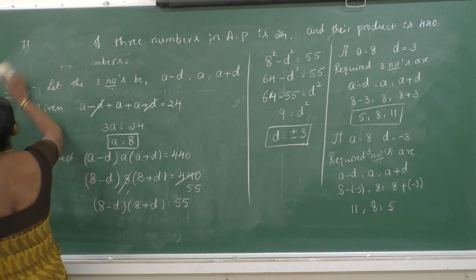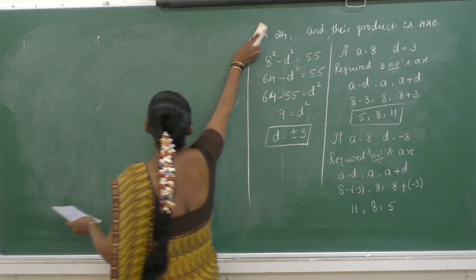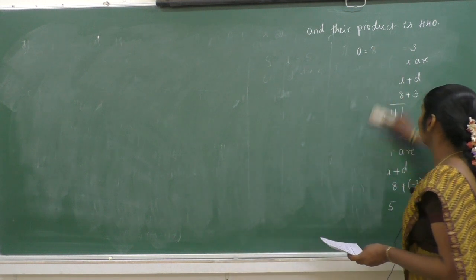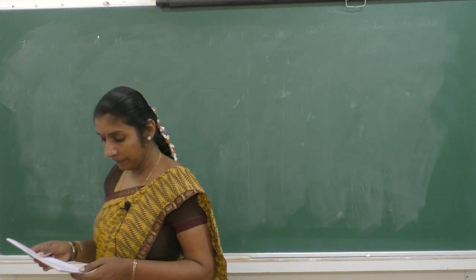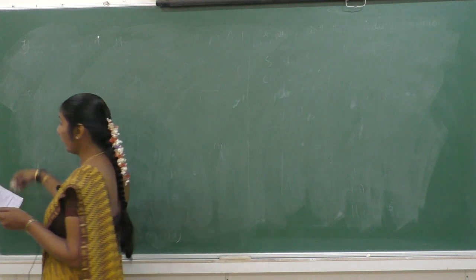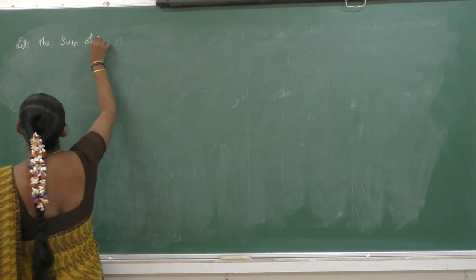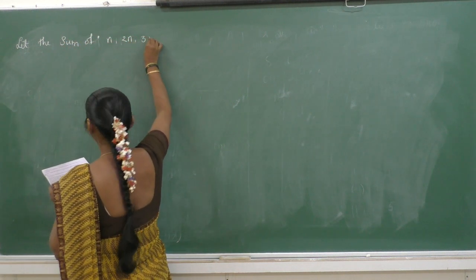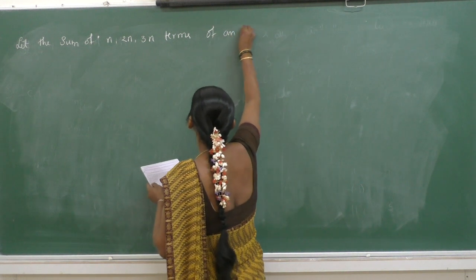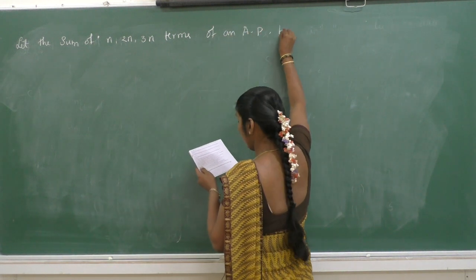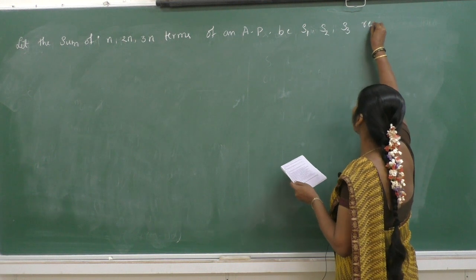Next problem. Let the sum of n, 2n, 3n terms of an AP be S1, S2, S3 respectively.